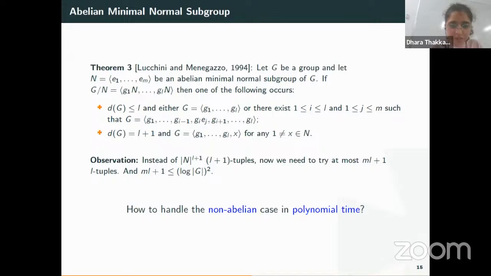Yes, there was an ambiguity. I will present the new algorithm, where we use this theorem only when the minimal normal subgroup is abelian, and that check is done in polynomial time.